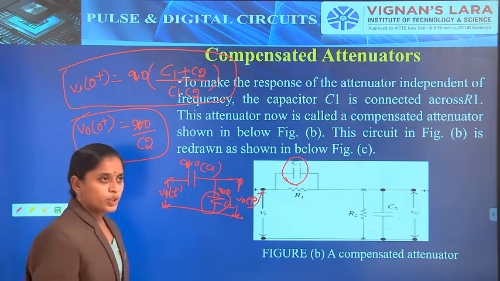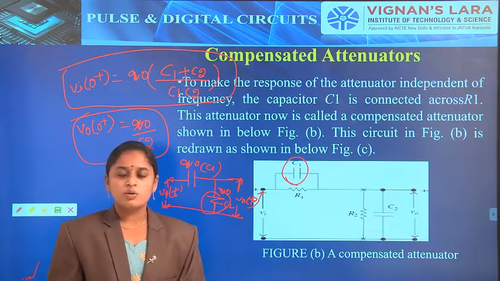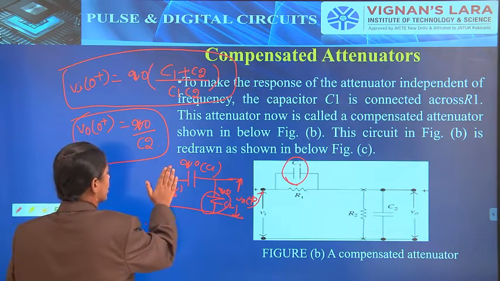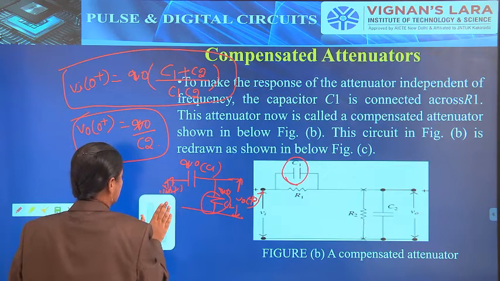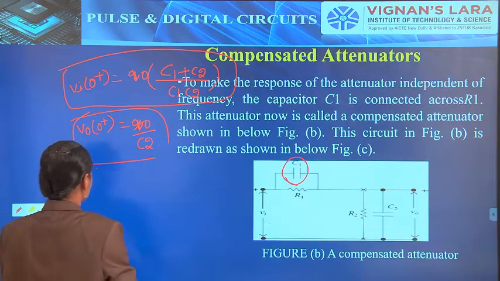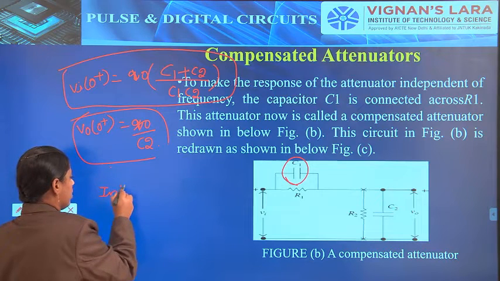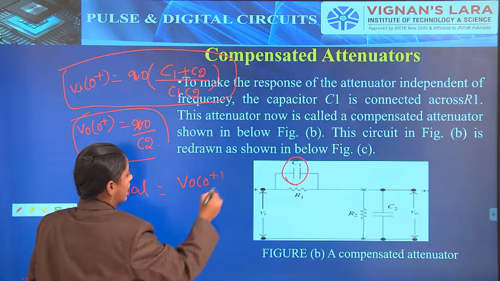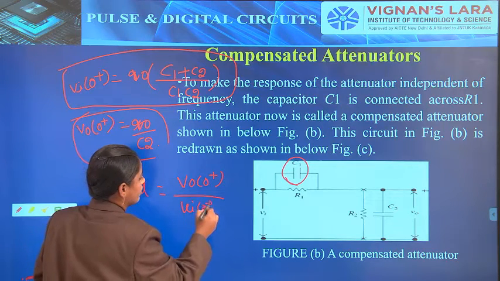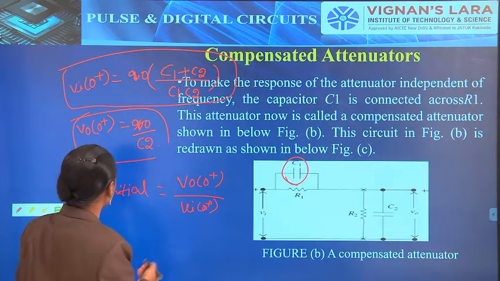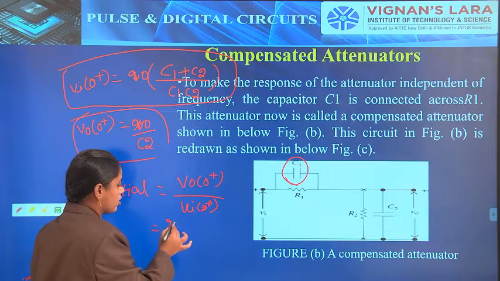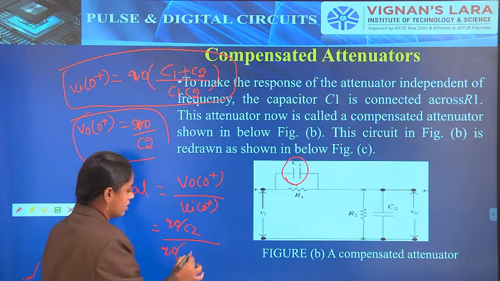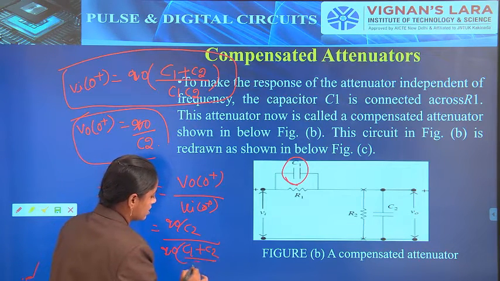For this circuit, what is the equation for the initial condition? The initial condition is V0 of 0 plus divided by Vi of 0 plus. Substituting, V0 is Q0 by C2 and Vi is Q0 times C1 plus C2 over C1 C2.